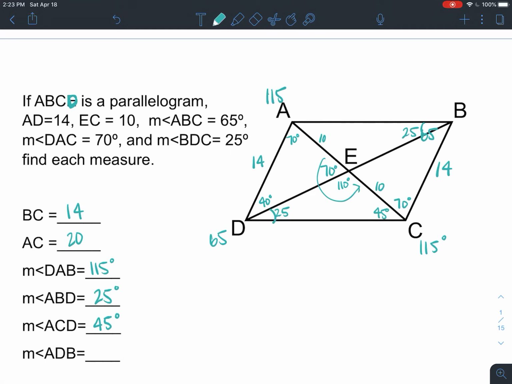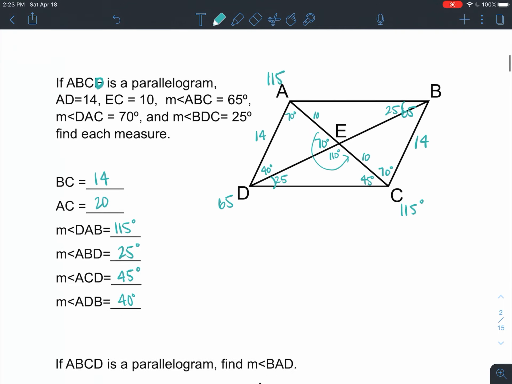And just to check, this is a linear pair, so that works out. Remember that the inside of all of our triangles adds to 180, and the interior angles of a parallelogram, or of a quadrilateral in general, will add up to 360 degrees. So I didn't write this down. ADB is 40 degrees.